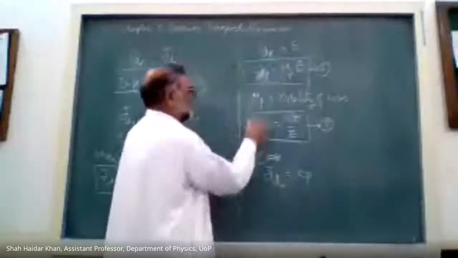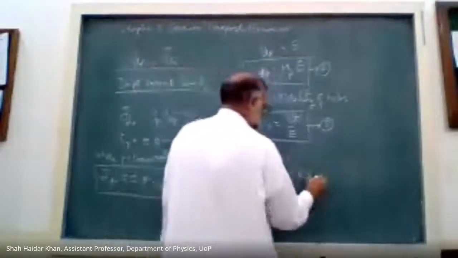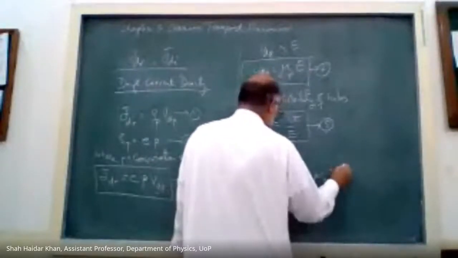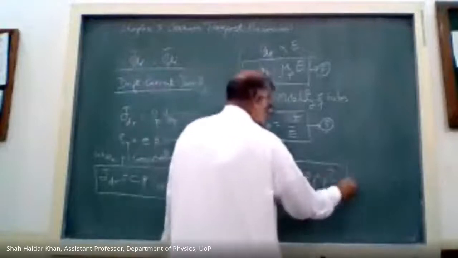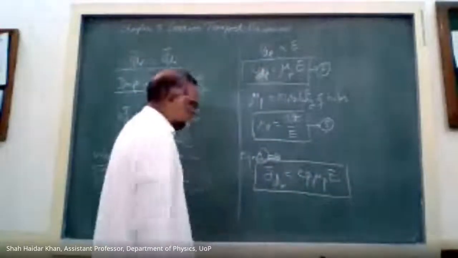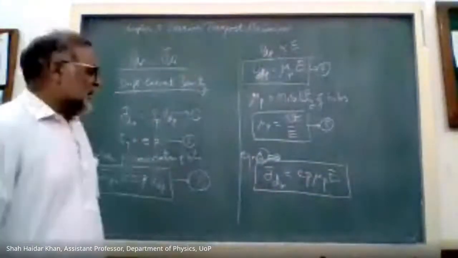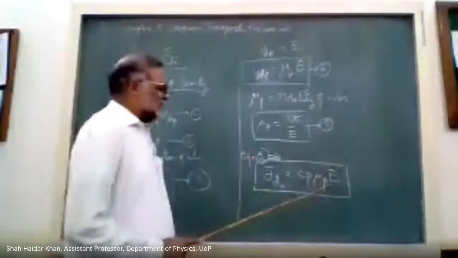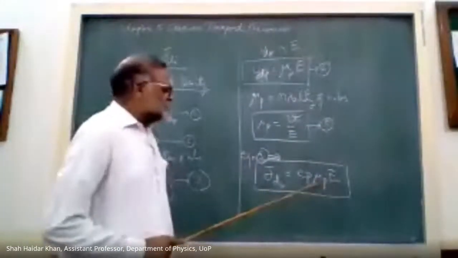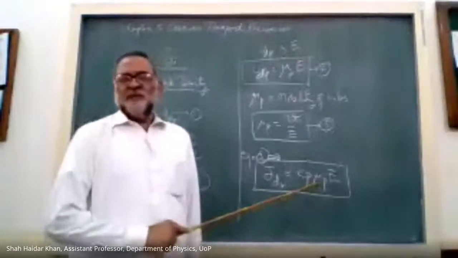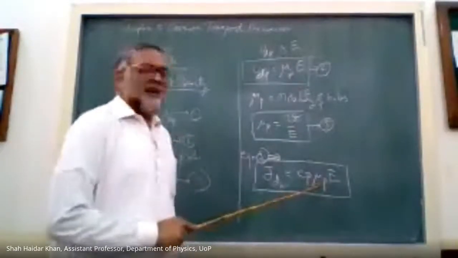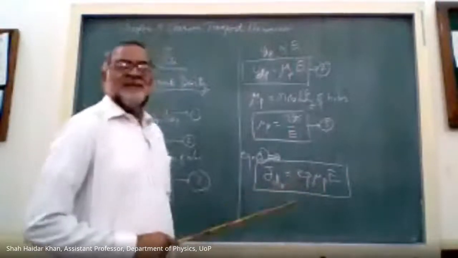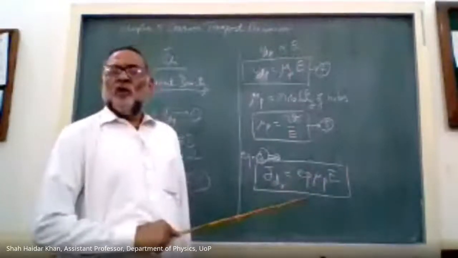For VdP, we write mu P into E. So that is a form of the current density in which there is the electric field, there is mu P, which is the mobility of holes, and it is a constant. And P here is the concentration of holes.